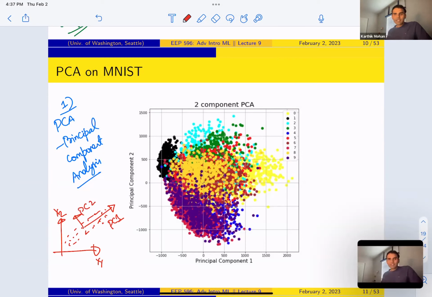So PCA is based on understanding how the data is shaped up in not just 2 dimensions, but hundreds of dimensions, and identifying the direction in which I see a lot of variation in the data set, right? Like you can see here, this dimension has a lot of variation.